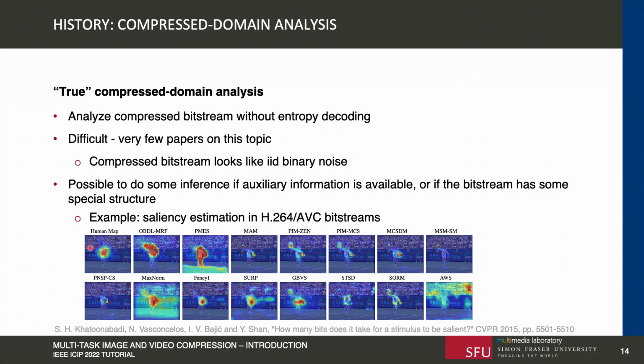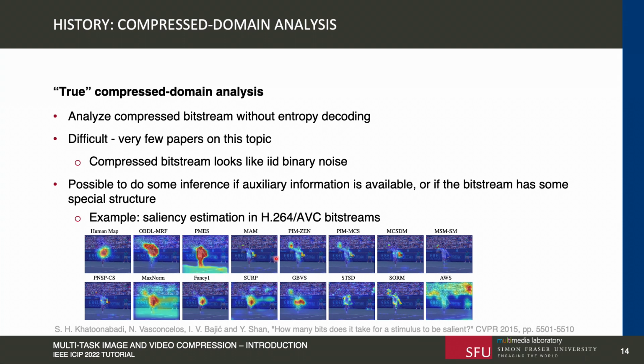So the image at the top left shows the heat map composed of human gaze locations and overlaid on top of the corresponding video frame. The next image is the prediction of visual saliency made using this OBDL approach.